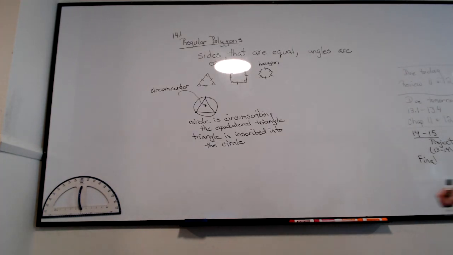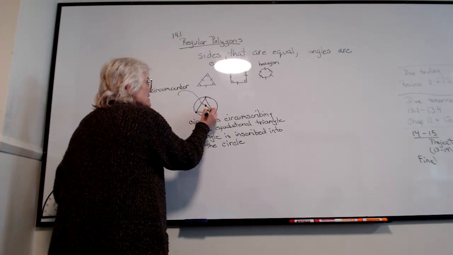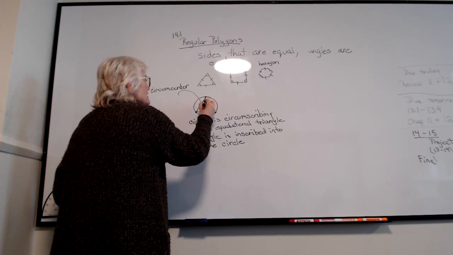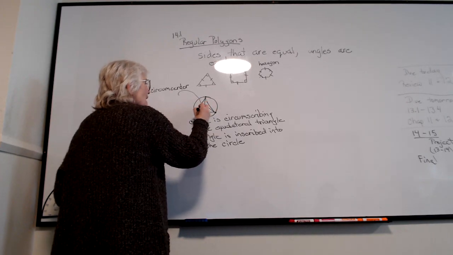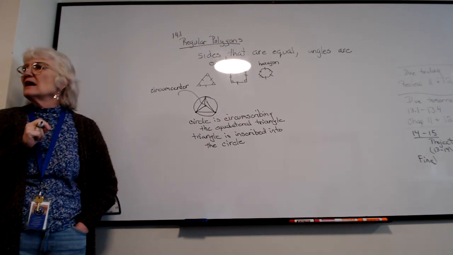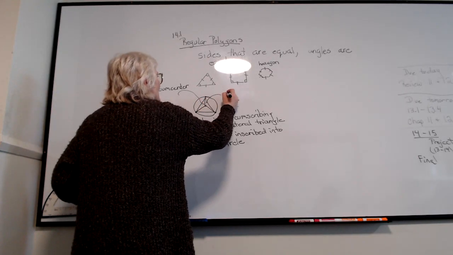The circle has a radius, the distance from the center out to the edges. This length is its radius.